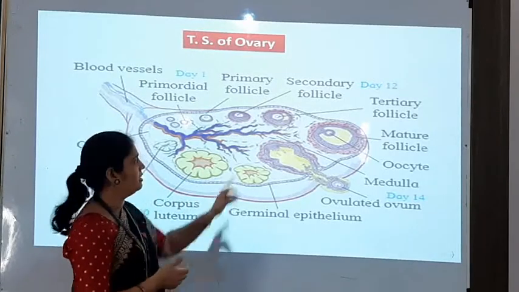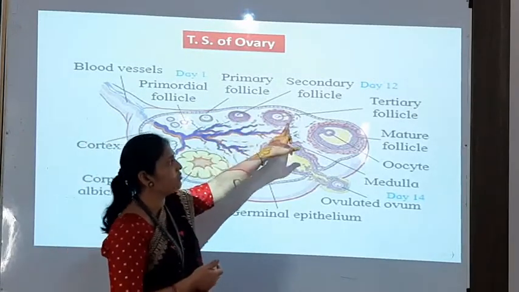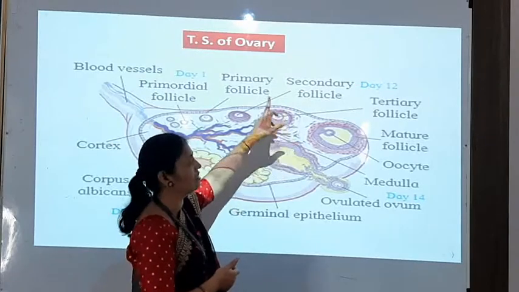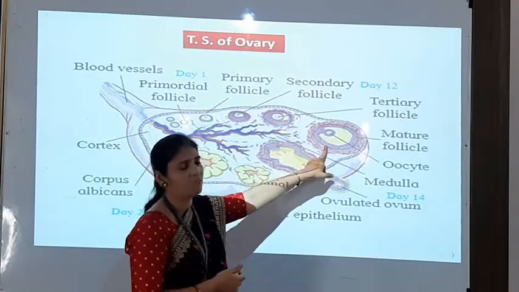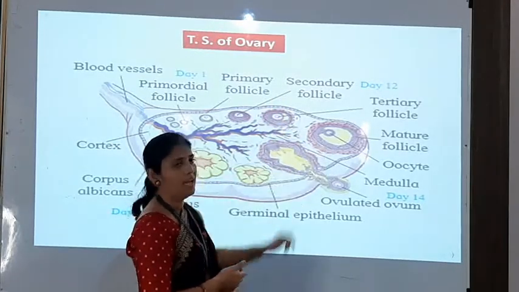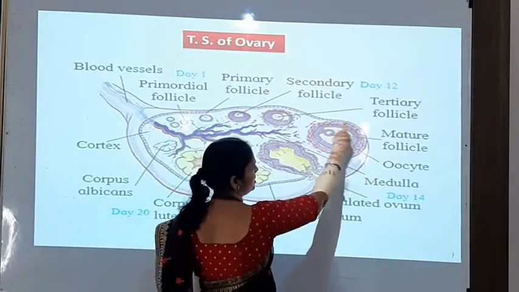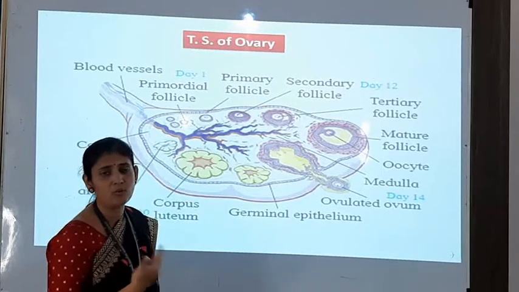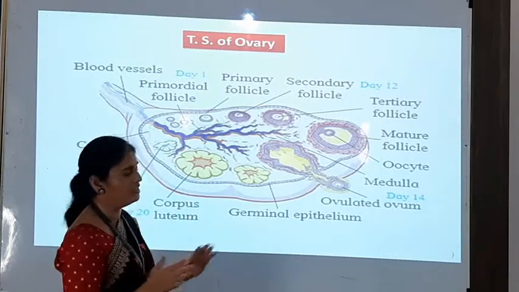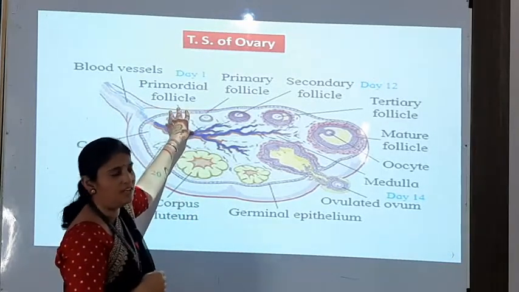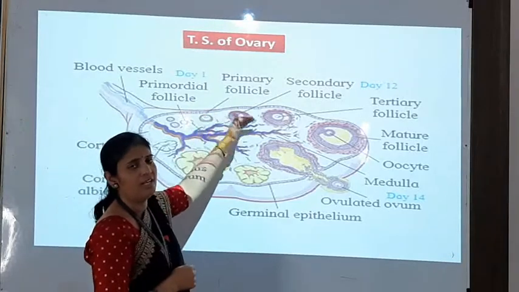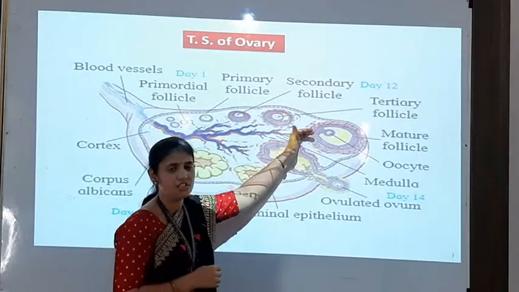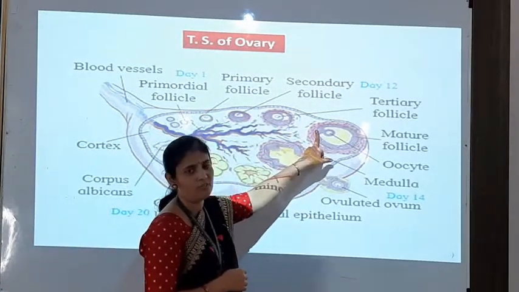After some days, the secondary follicle is converted into a tertiary follicle, and the tertiary follicle is converted into a mature follicle, the Graafian follicle. So in a section of the ovary we observe primordial, primary, secondary, tertiary and mature Graafian follicles.